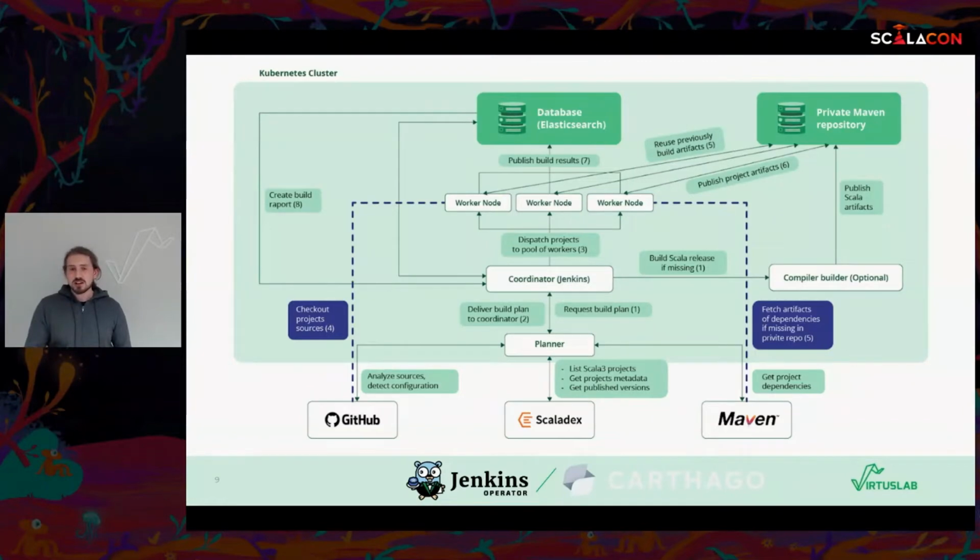As I said earlier, we have this private Maven repository to which we publish artifacts. And because of that, the order in which the projects will be built is important. Because if the dependents of the given library, I mean the projects that depend on the given library, would be built before the dependency is built, then we would not be able to find these artifacts.